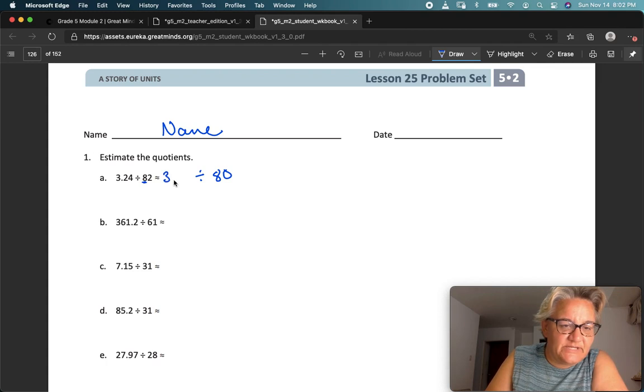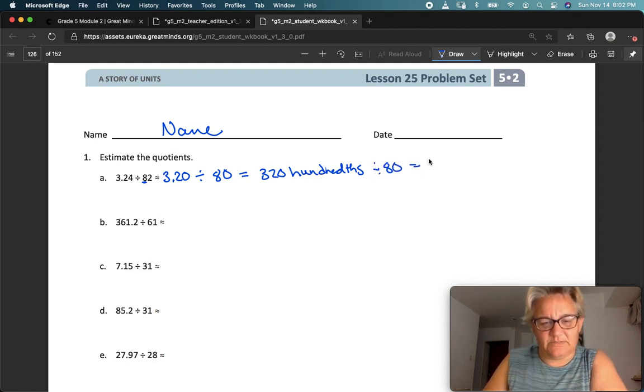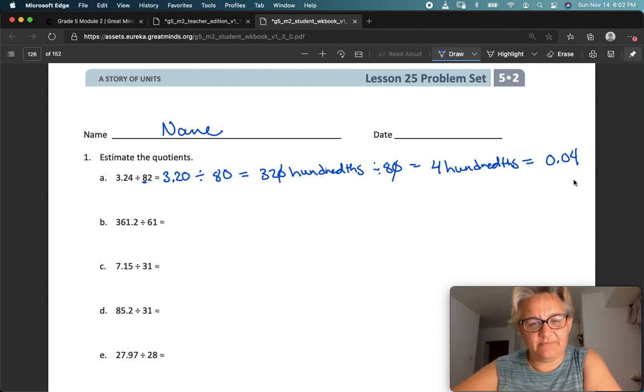So let's call this 3.20, which equals, and I'm going to take the decimal out, 320 hundredths divided by 80 equals, okay, now let's divide. So this cancels out this, and 8 goes into 32 4 times, so it's 4 hundredths. Now my 4 hundredths, I've got to write back in decimal form again, and that looks like that, okay?